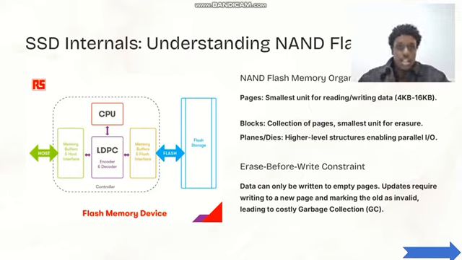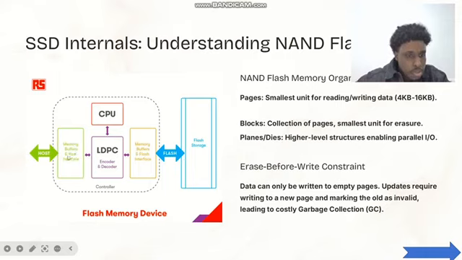The SSD internals: understanding NAND flash memory organization. A page is the smallest unit for writing data, 4KB to 16KB. As you can see here, the memory buffer hosts the interface, CPU, and LDPC encoder and decoder controller.